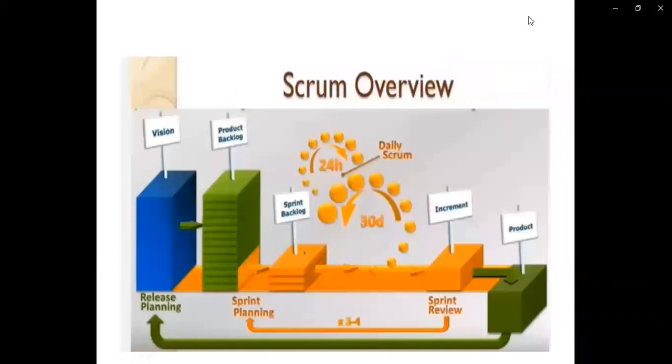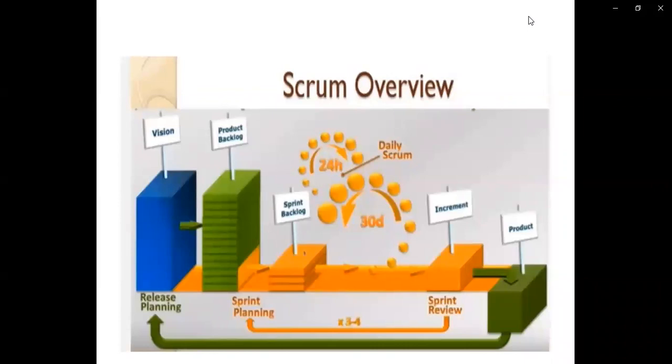Basically, what are we doing in Scrum? First of all, we define our vision, what exactly we are doing. Then we perform tasks from the product backlog. That means every product I am going to execute is divided up, and these parts are given names: product backlog, then sprint backlog.